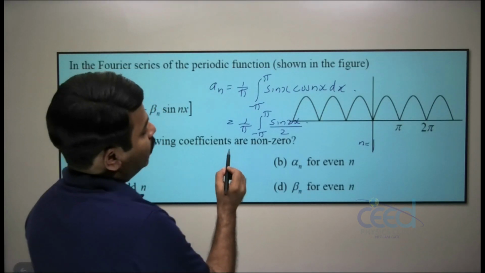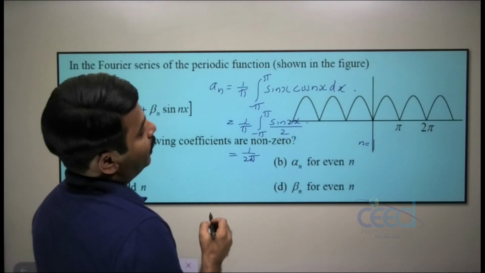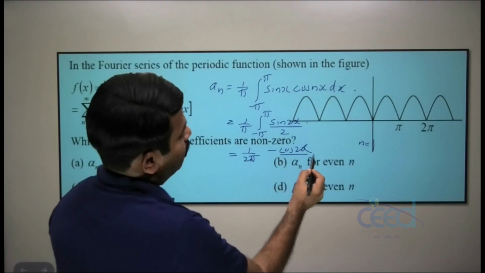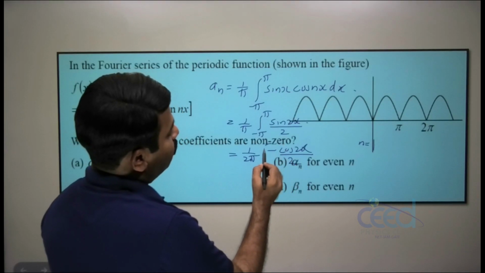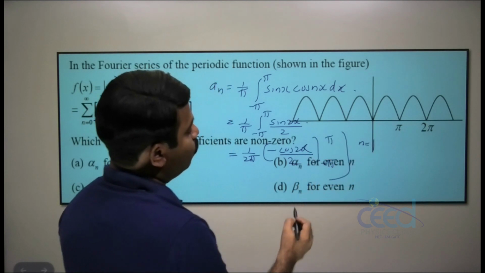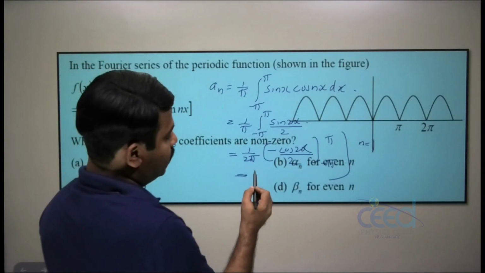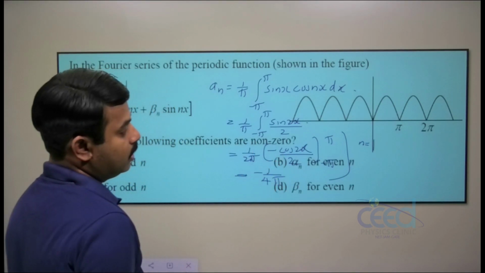Then 1 by 2 pi, and the integral of sin 2x is minus cos 2x by 2, with limits varying from minus pi to pi. That is minus 1 by 4 pi.